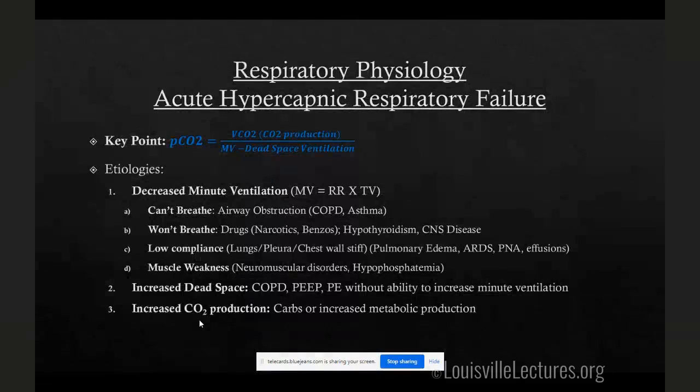That would be things like pulmonary edema, ARDS, pneumonia, things that have made their lungs stiffer or the pleura stiffer, so pleural effusions. Muscle weakness is the other thing that we oftentimes forget about since it's not directly related to the lungs. Increased dead space is oftentimes COPD, giving too much PEEP on the ventilator, or increased CO2 production. If patients are on tube feeds and you're giving them tons of carbs, that's another cause of CO2 production.